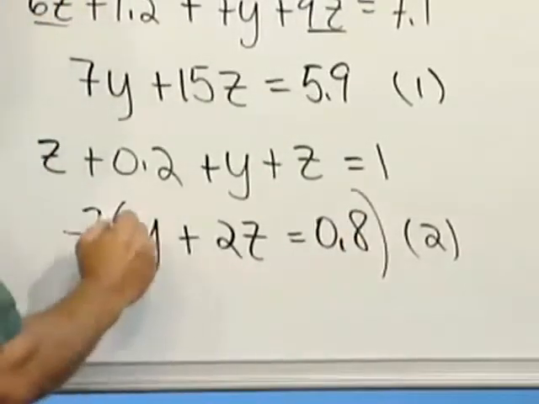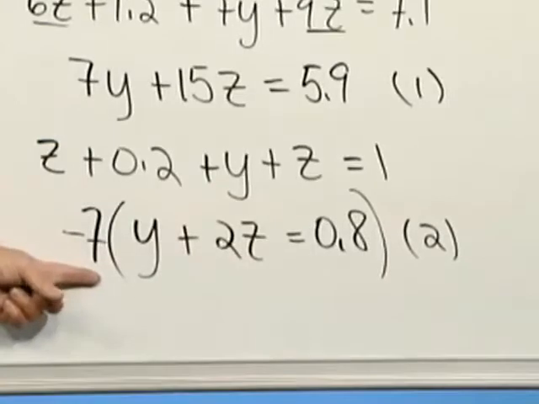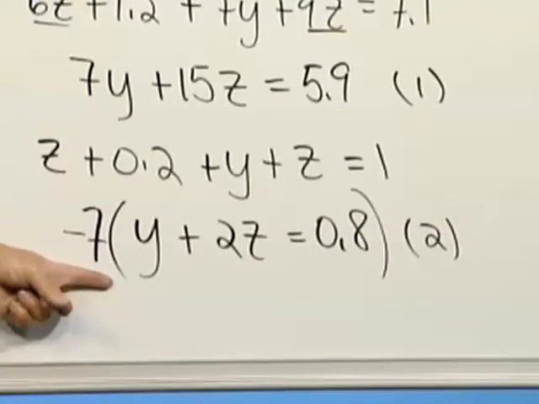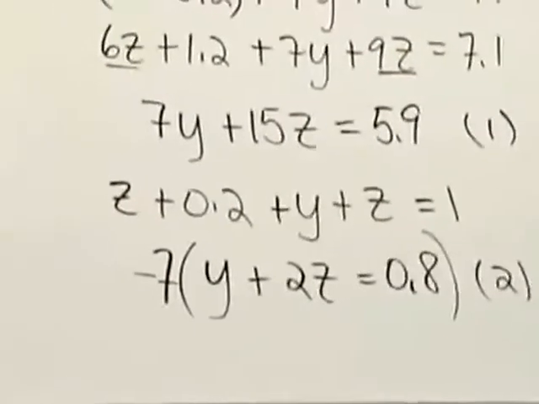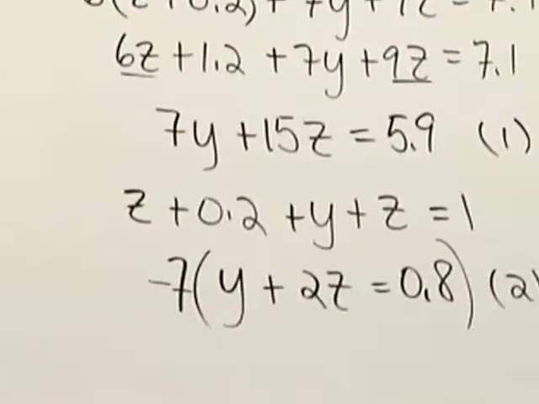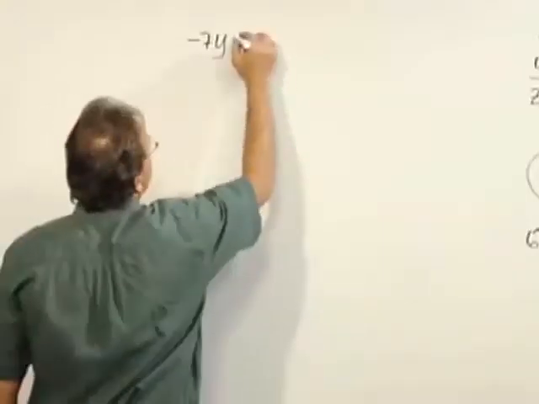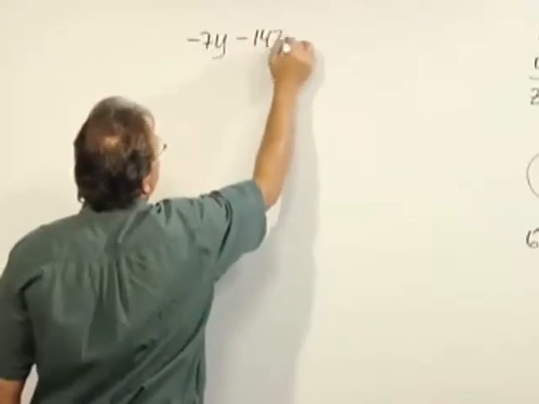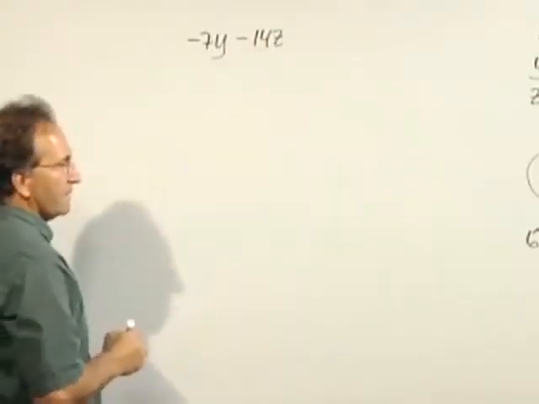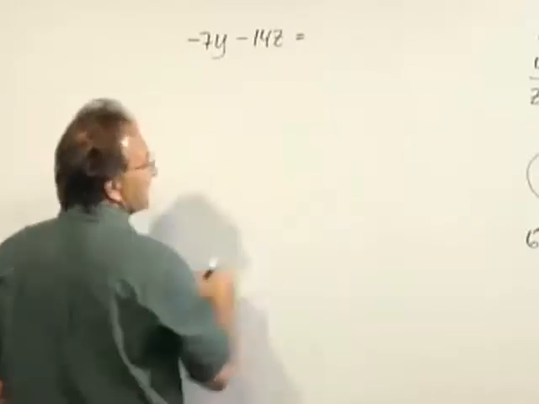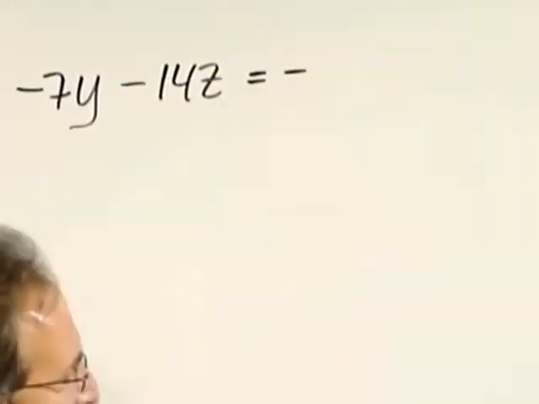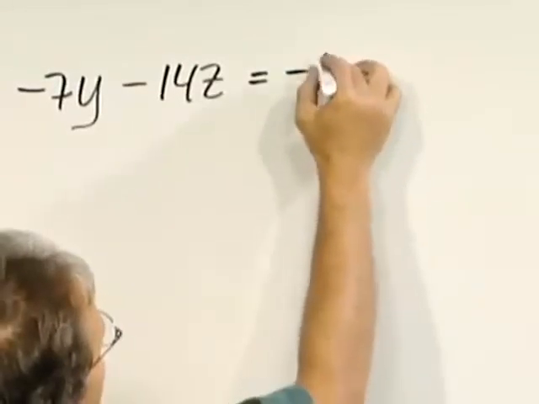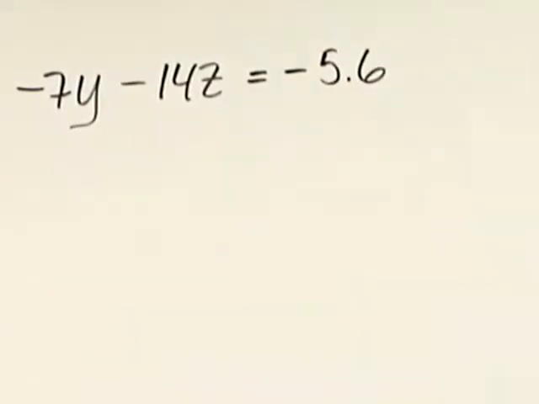So I want to multiply this one by -7, and I'm going to put that result up above. So -7 times y is -7y. -7 times 2z is negative 14z. And negative 7 times 0.8 is negative 5.6.